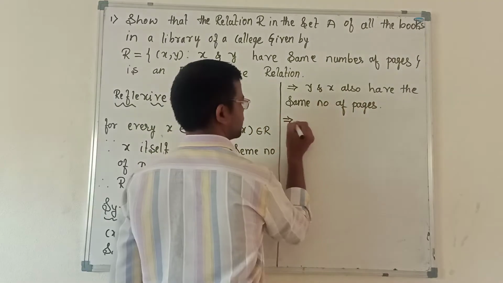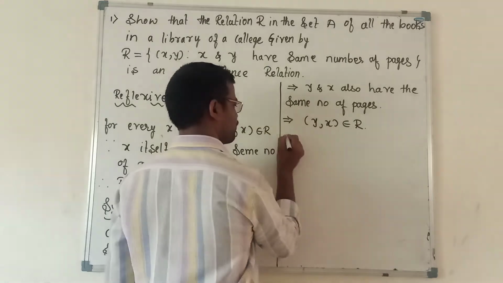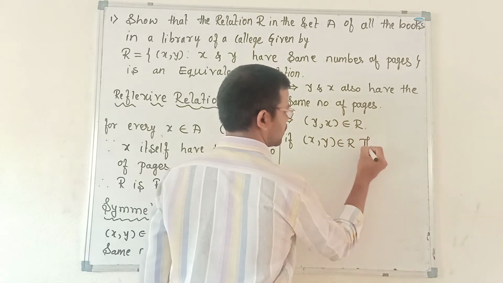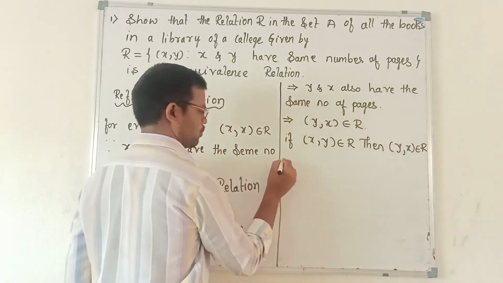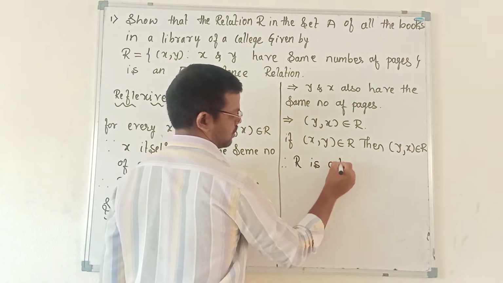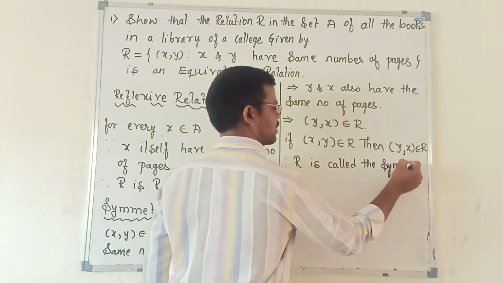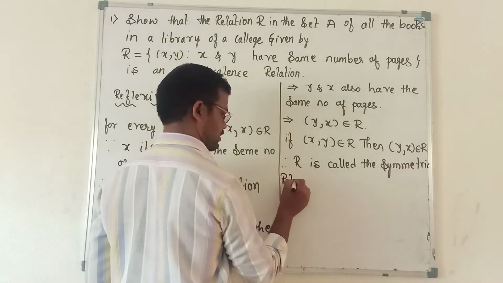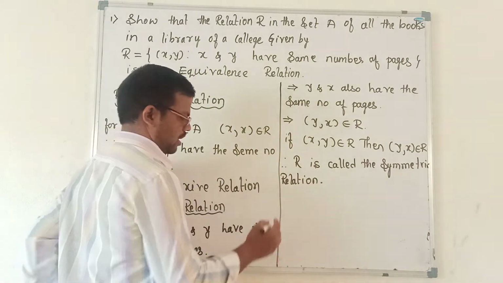So it implies that (y, x) belongs to R. So if (x, y) belongs to R, then we confirm that (y, x) also belongs to R. Therefore, R is called a symmetric relation.